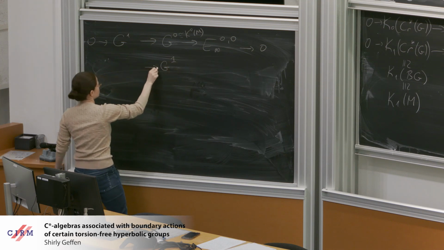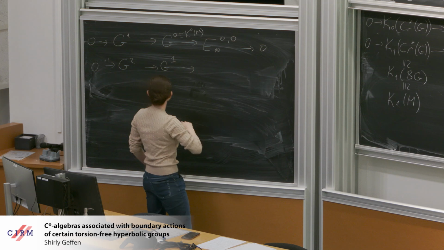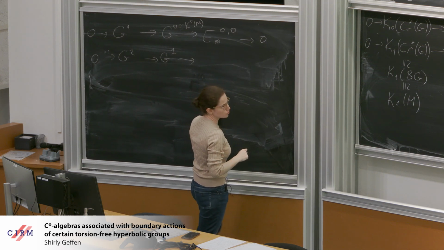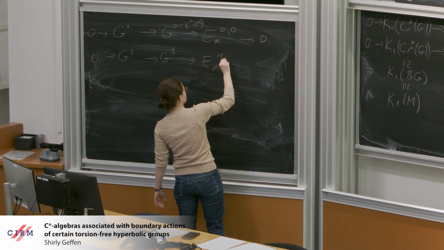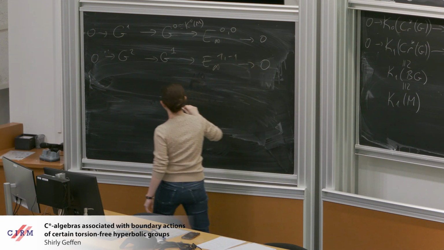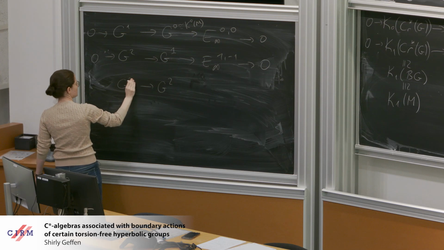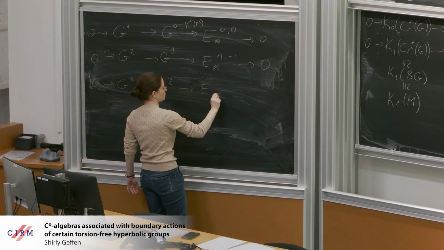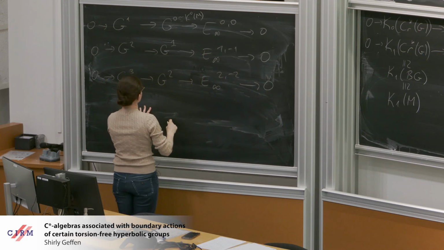So G1 has a normal subgroup G2, and the quotient G1 divided by G2 is E infinity (1, minus 1). And we have to do a little more. And one more.